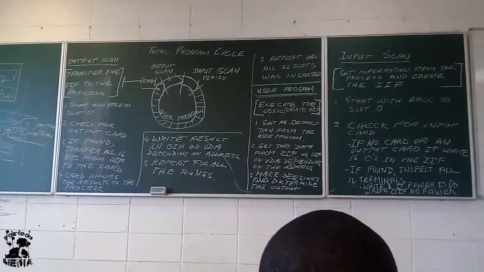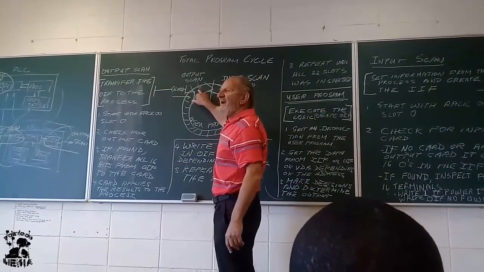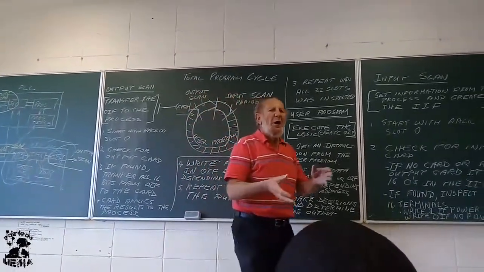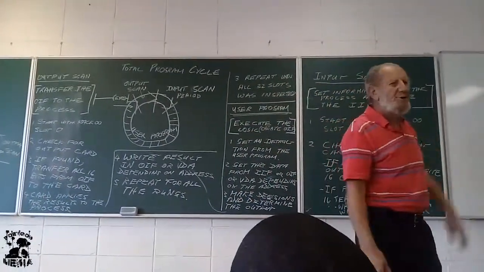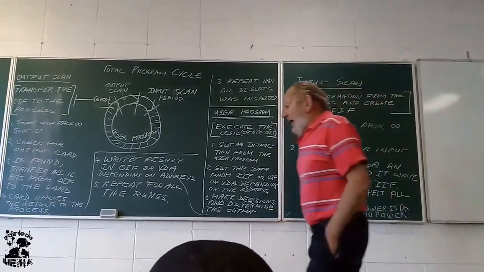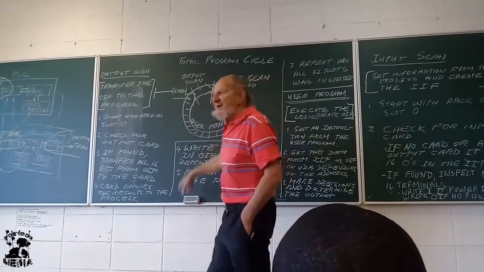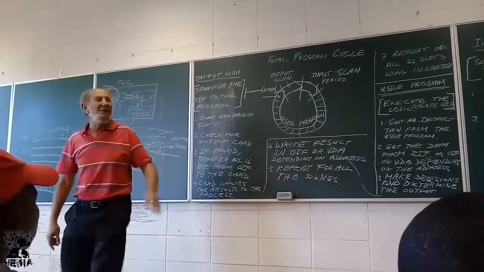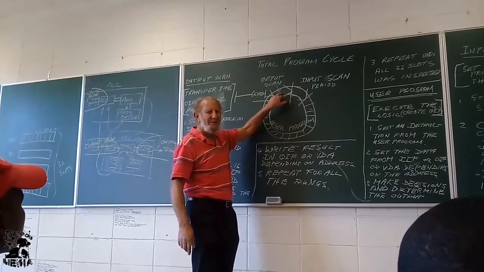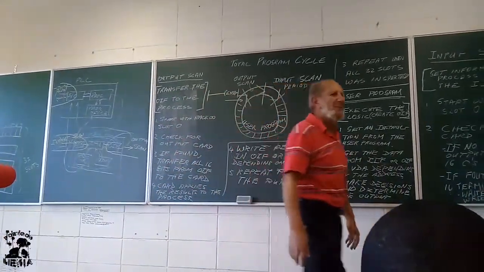This time here is very, very short. That time there is very, very short. This time will depend on how big is that logic. But it can do this a couple of thousand times per second. So this is microseconds, right? That is microseconds. This can be a few microseconds or even a few milliseconds.